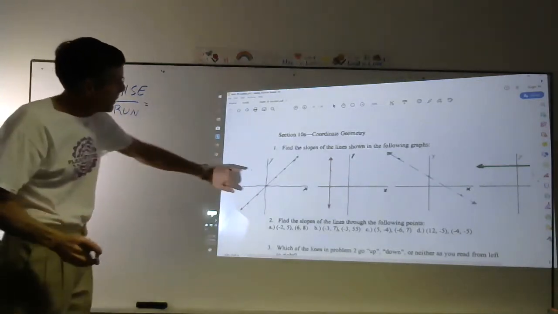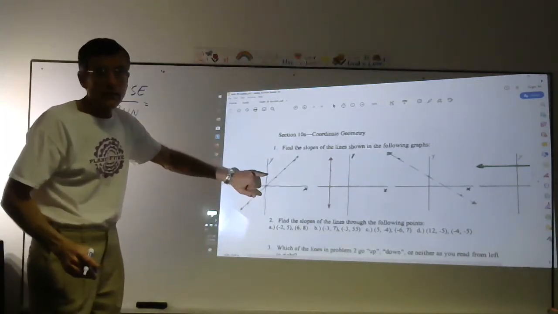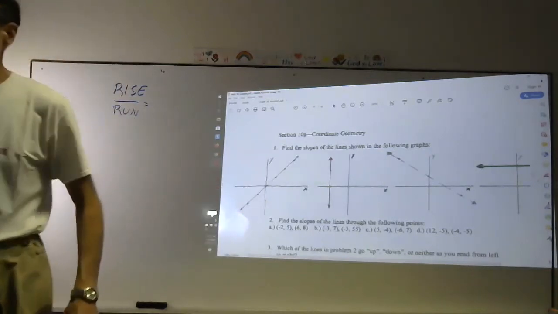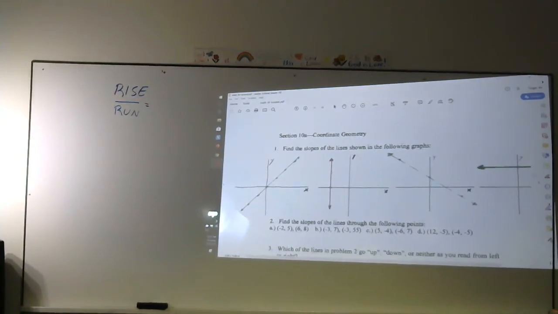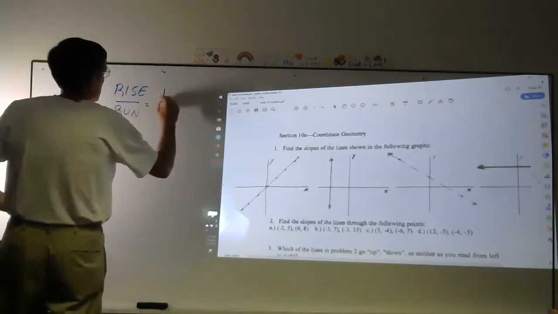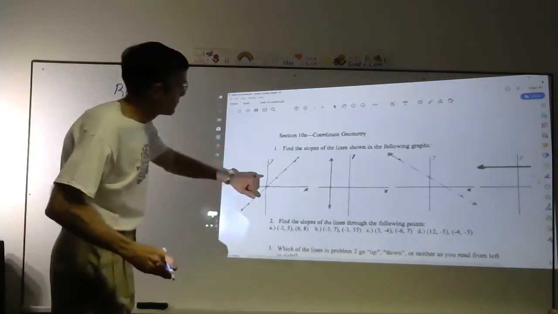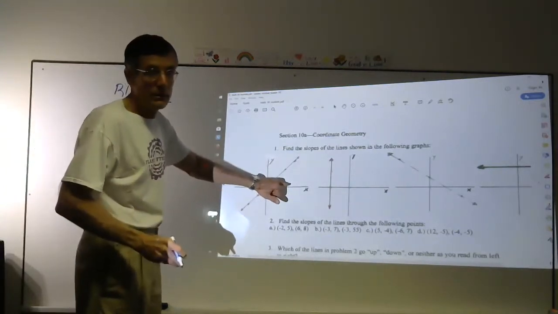Okay? Now, when you go up one, going up one is in a positive direction. Up is positive, down is negative. Okay? So up one would be a rise of one, like this, and then you go to the right one. Okay?